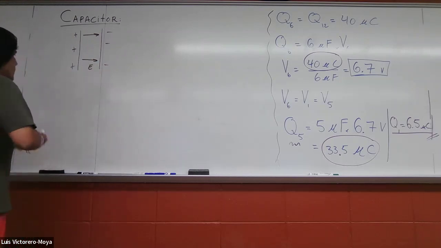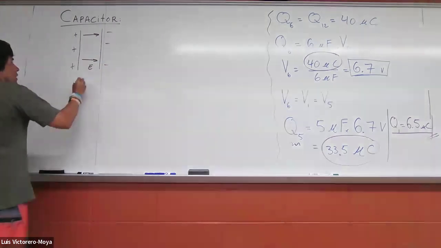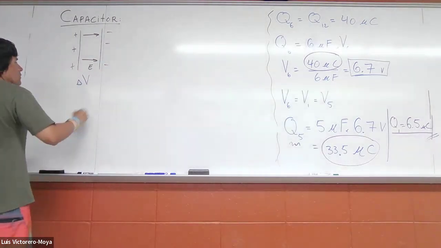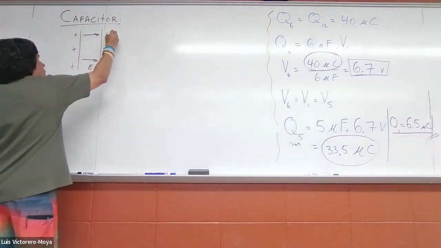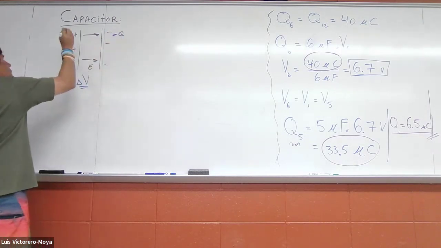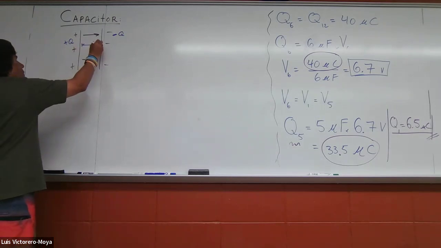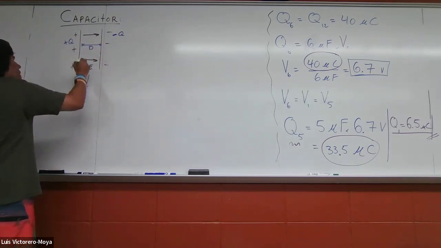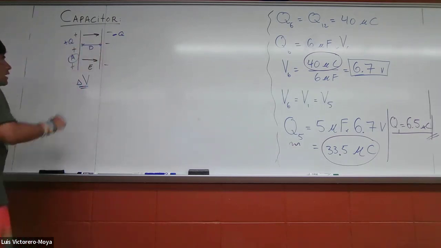And now you know there is a potential difference or a voltage between the plates. Negative Q, positive Q, distance D, area A between the plates, so all that we've been discussing.